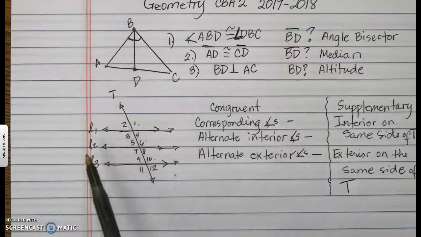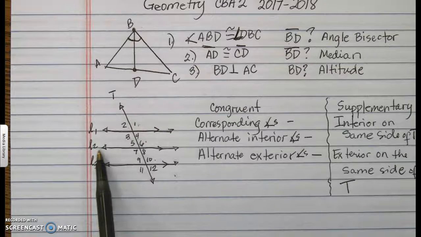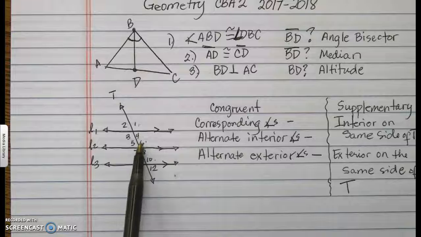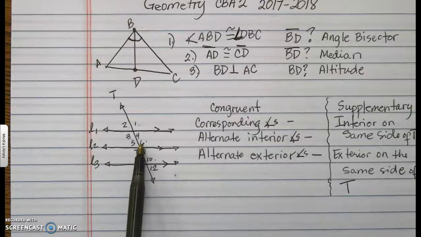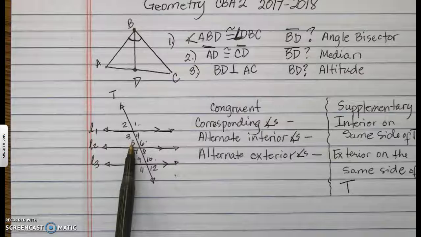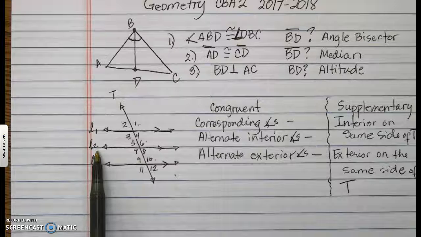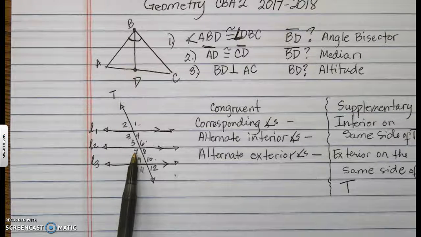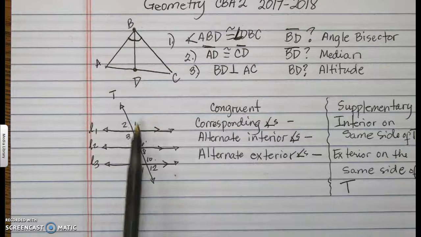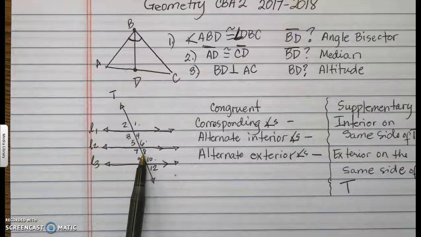So let's do lines 1 and 2 first. 4 and 6 will sum up to 180 degrees. 3 and 5 will sum up to 180 degrees, and these are your interior on the same side. In regards to lines 1 and 2, exterior on the same side will be 2 and 7, which will be supplementary, summing up to 180 degrees. 1 and 8 will also be supplementary, summing up to 180 degrees.